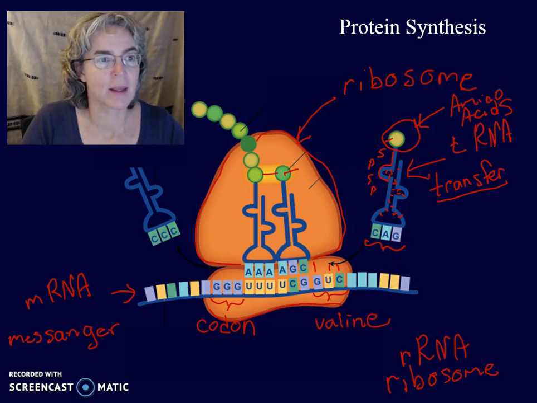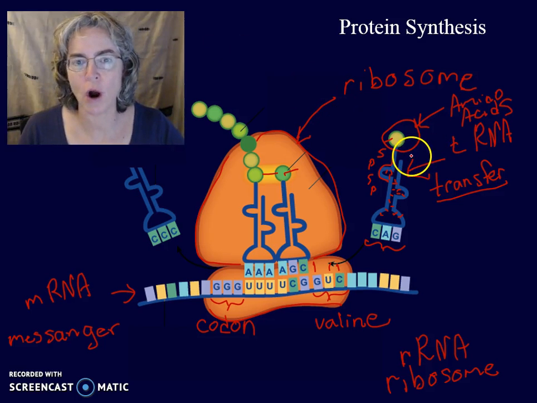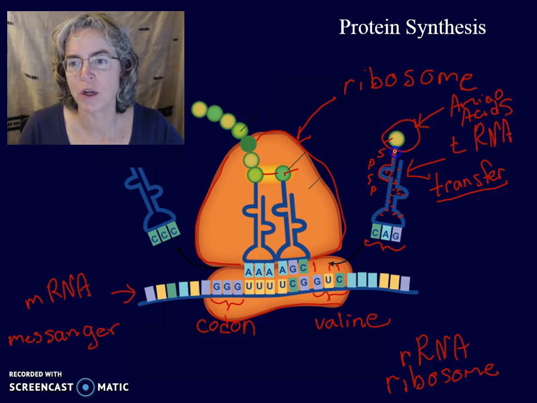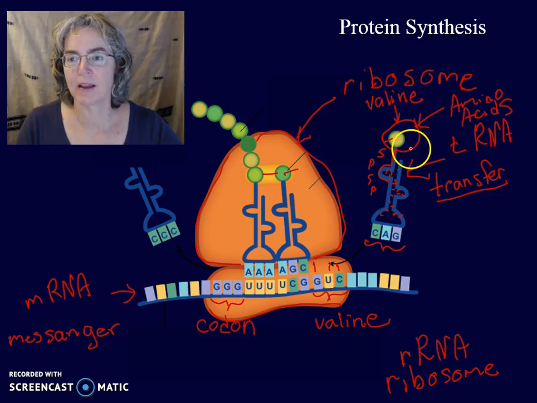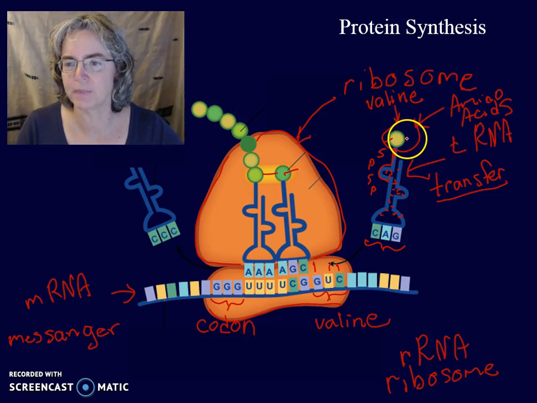And, get my pen here, this transfer RNA molecule can attach specifically onto a valine amino acid. So this right here is also a valine amino acid.